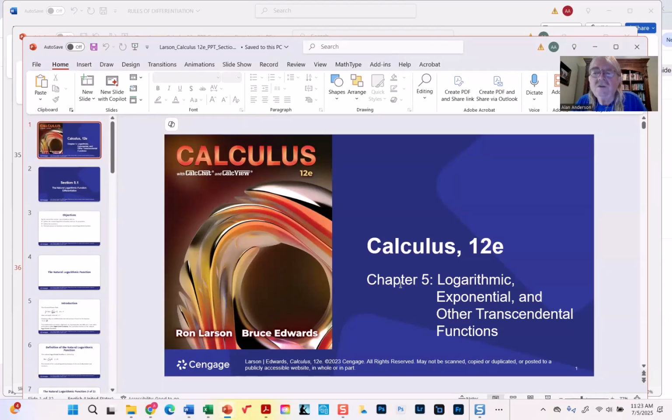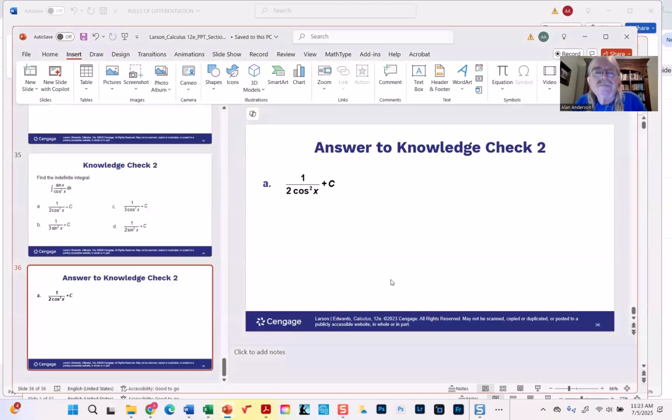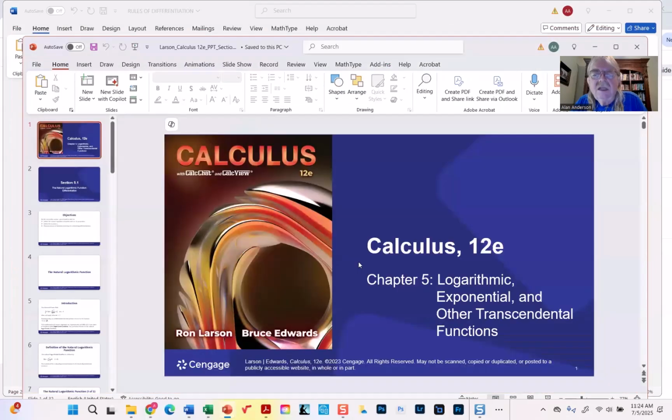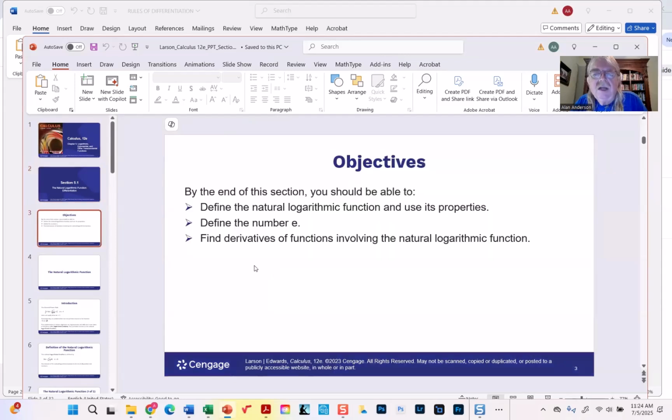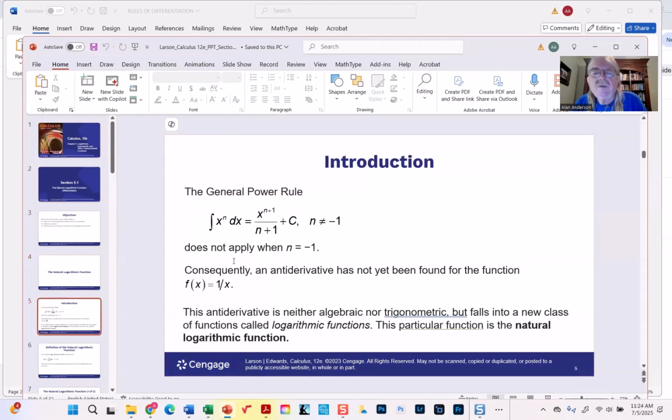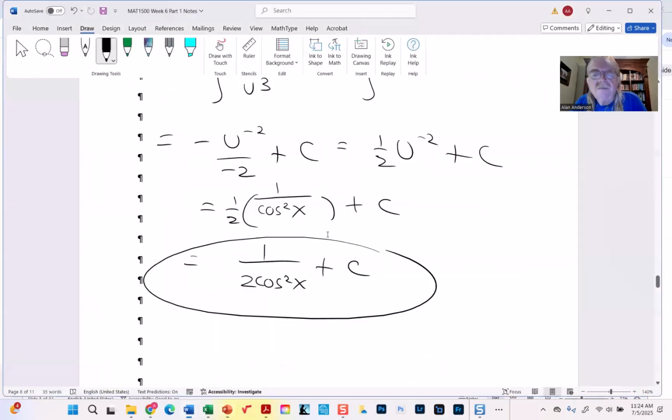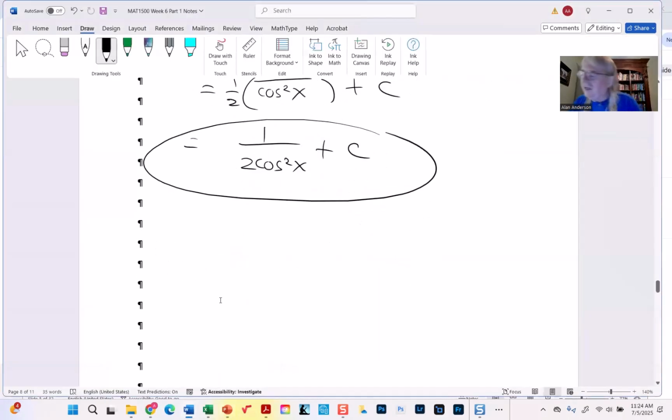Okay, so these will prove to be hugely important. So let's start here. This is 5.1. And so we're going to start by introducing the natural log. Now you might remember from your travels that a logarithm is defined with a base.